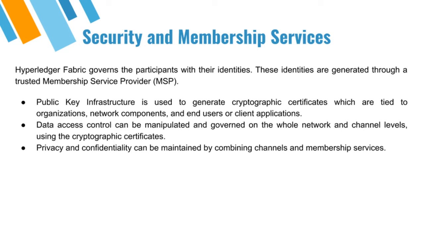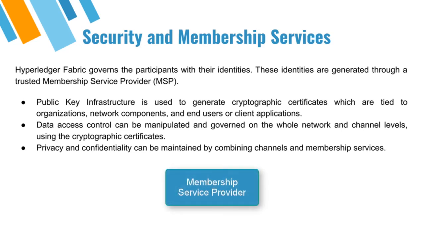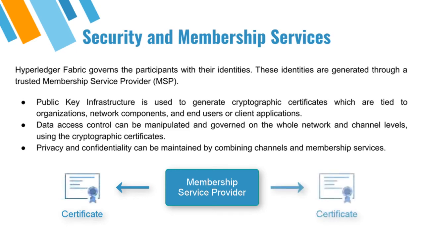Let's say you and I are part of a network. I am doing a transaction which is only going to be accessed by you. So I have a certificate at my end generated from a membership service provider, and you also have a certificate at your end which is generated through the membership service provider.